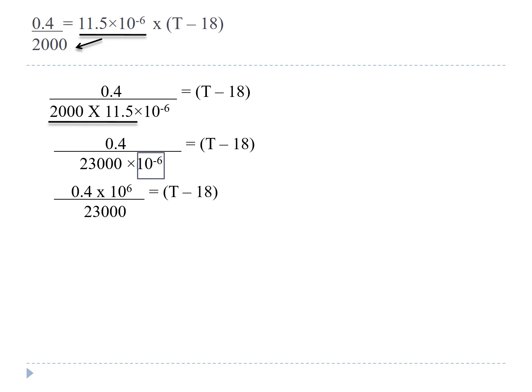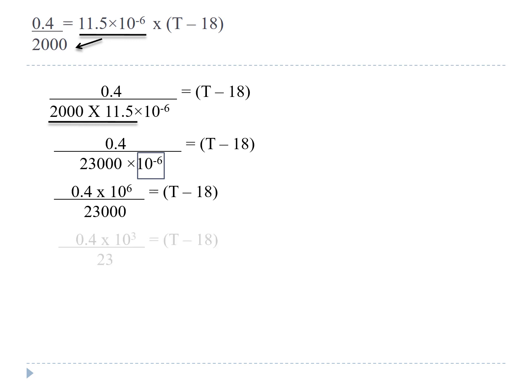Now when I say 10 raised to 6, it means that I have a number which has 6 zeros in it. What do I do? In the denominator, 23,000 has 3 zeros, and in the numerator I have a number which has 6 zeros. So I will cancel the zeros. So what do I get?